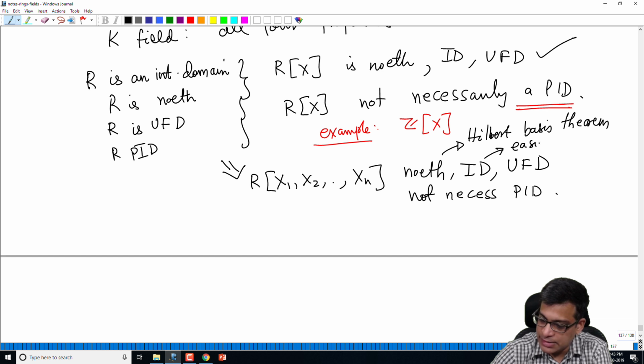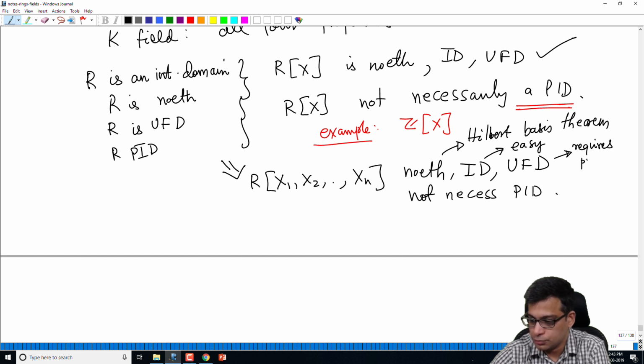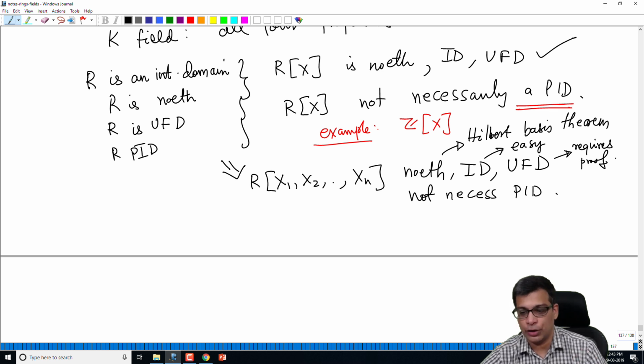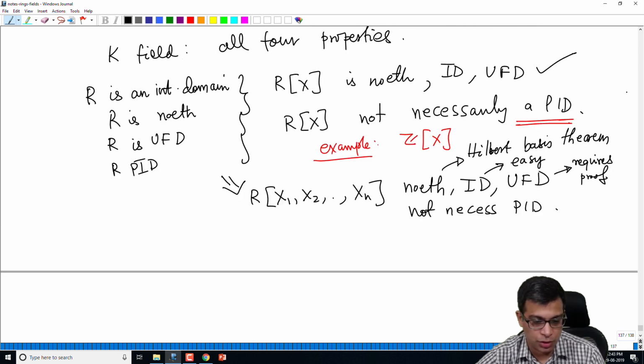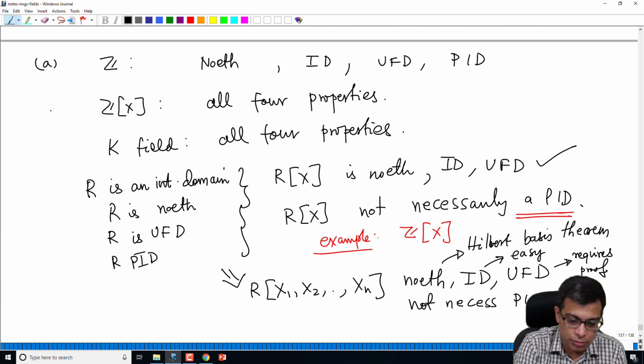The ID part is easy, this is just a simple calculation, and UFD also requires proof. What we have done is for R equal to Z, and in those videos I said the proof more or less carries over to any arbitrary UFD. Okay, so this is let's say B, C, D.